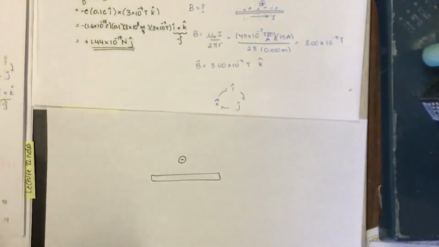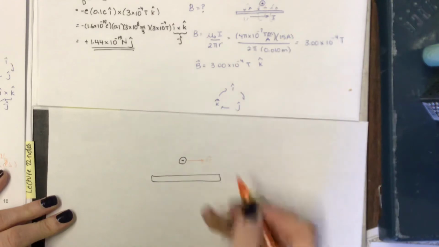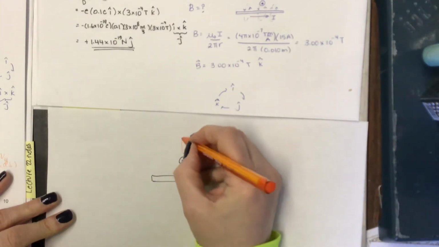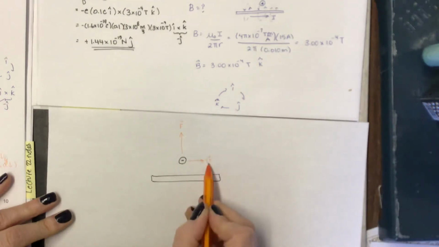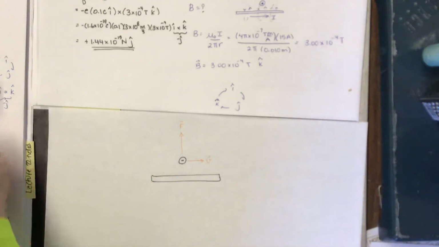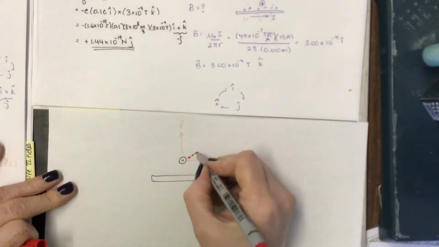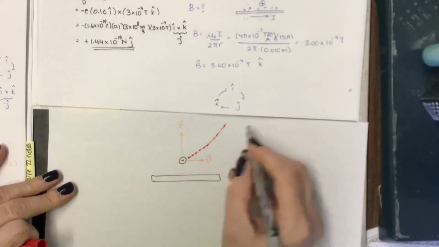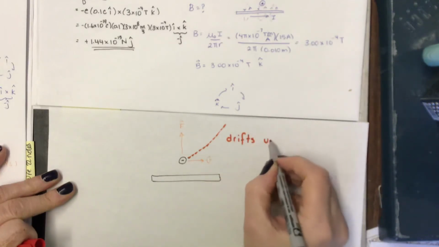So there's the initial velocity. We know it experiences a force that points up, so there's the force on it. So it's moving to the right, it has a force that points up. The motion is going to be that it's going to start to drift up or veer away from the wire. So we'll say that it drifts upward. And that's because of the magnetic force that it experiences.